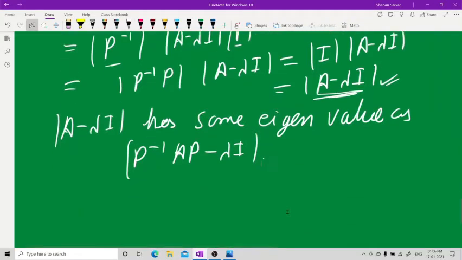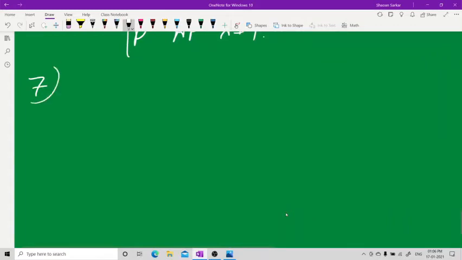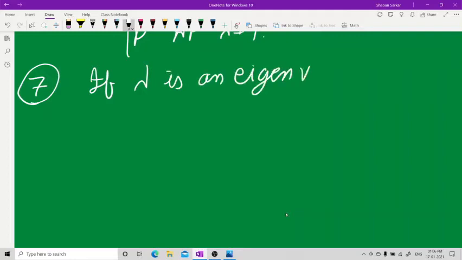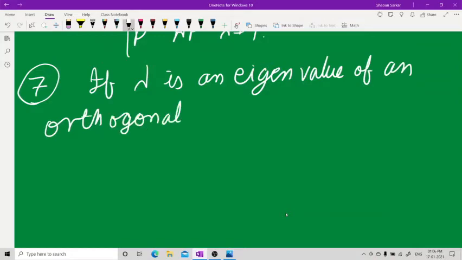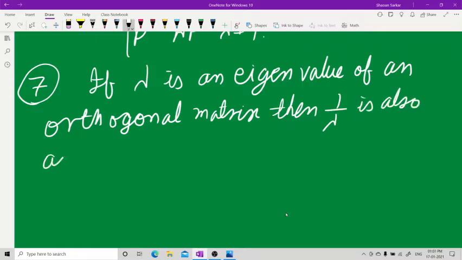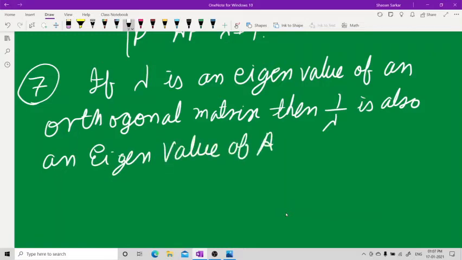Now let us see the seventh property: if lambda is an eigenvalue of an orthogonal matrix, then 1 upon lambda is also an eigenvalue of A. Earlier I told you that if lambda is an eigenvalue of A, then 1 upon lambda is an eigenvalue of A inverse.